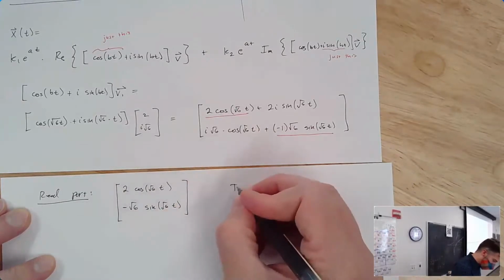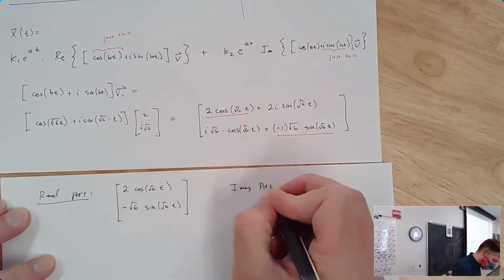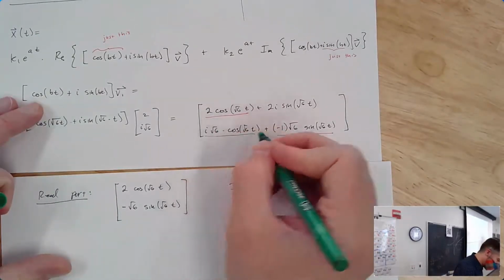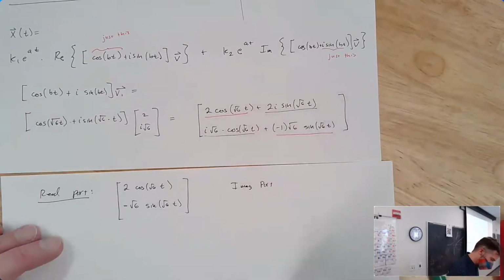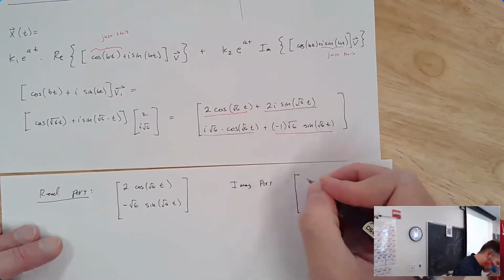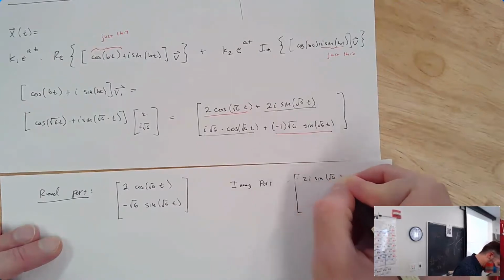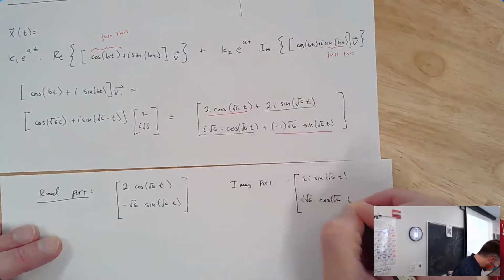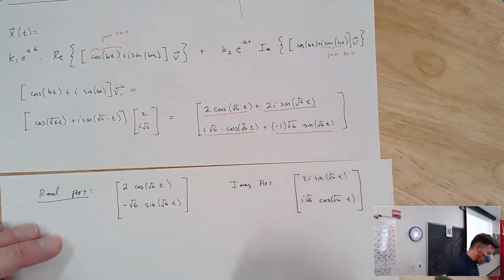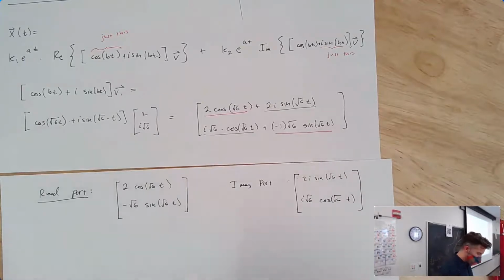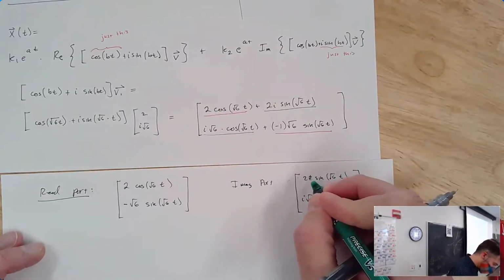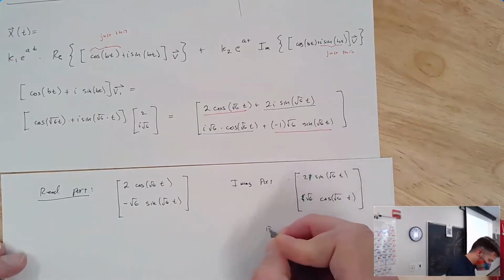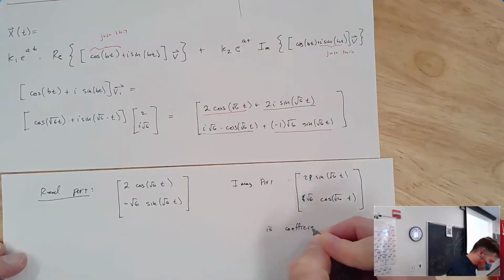And the imaginary part is this, which is going to be 2 sine of root 6t, root 6 cosine of root 6t. We don't include the i's. We're including the imaginary part, so we just say that is the coefficient of i.